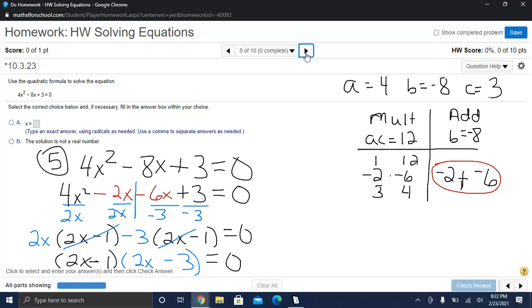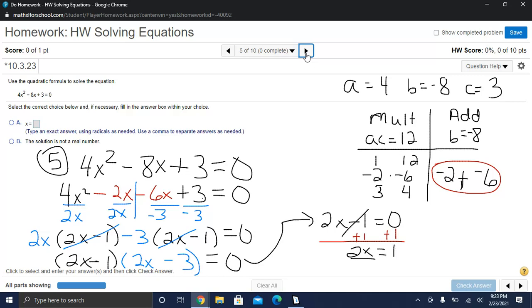Now remember, we're not finished. So we're going to take each parentheses and set it equal to 0. So starting with 2x minus 1. Now you have a little more work to do. We'll need to add 1 to both sides, which would make 2x equals 1, since this part will cancel.